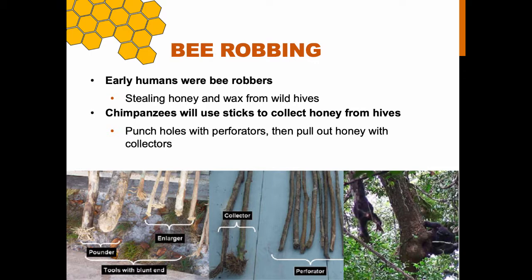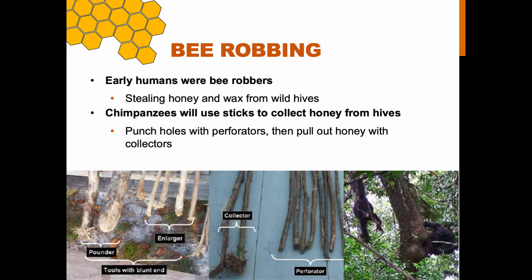All right. And so it's believed that the first interactions that humans had with bees was just simply bee robbing, basically finding a wild hive and stealing honey from it. And there's actually evidence that chimpanzees do this nowadays, so we sort of have a model for how early humans may have stolen honey.